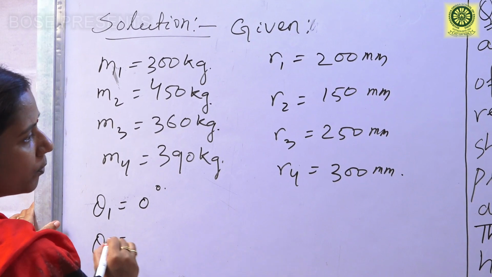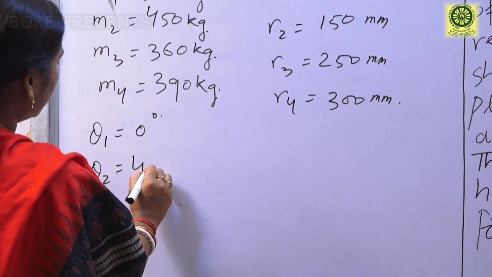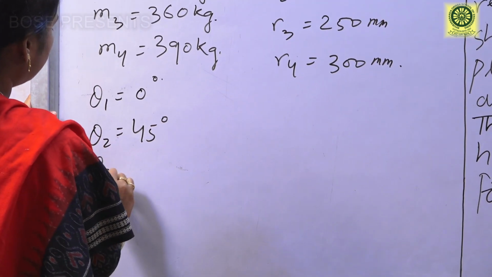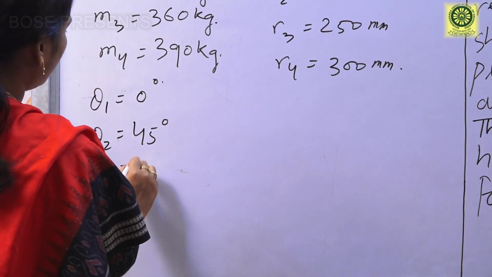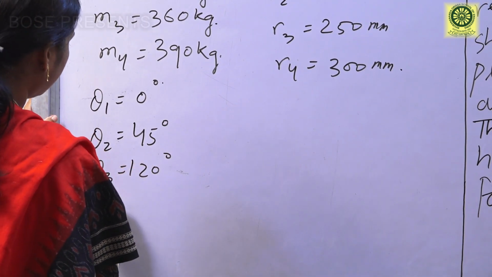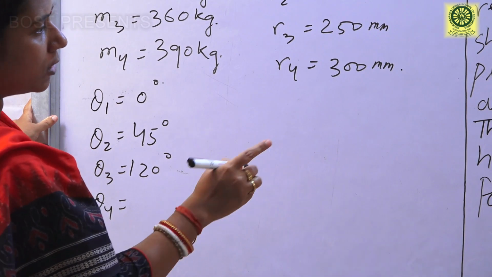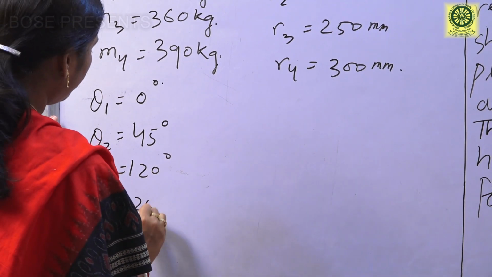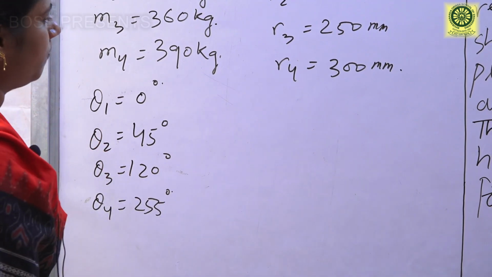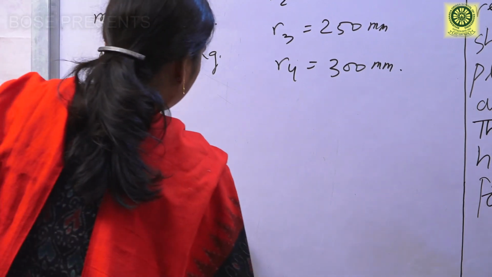Theta 2 is 45 degree, theta 3 is 120 degree, and theta 4 is equal to 255 degree. Now you can draw the diagram.